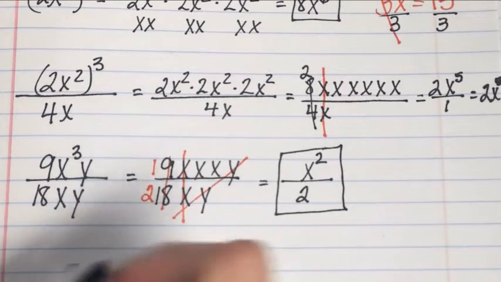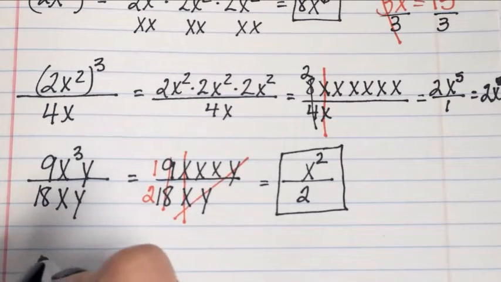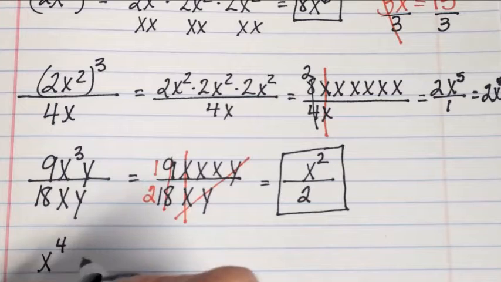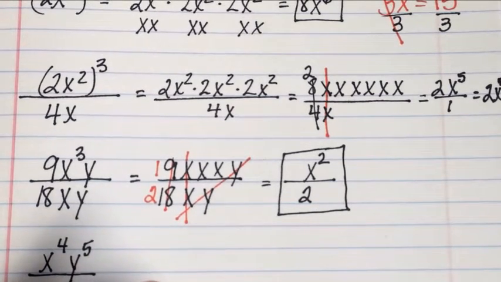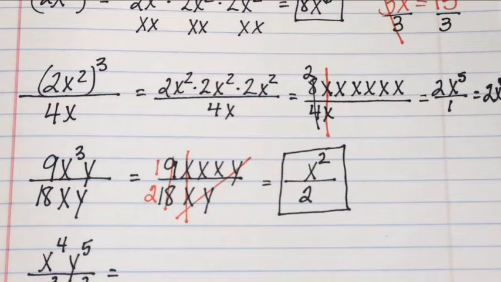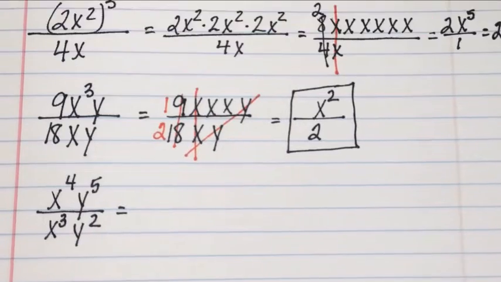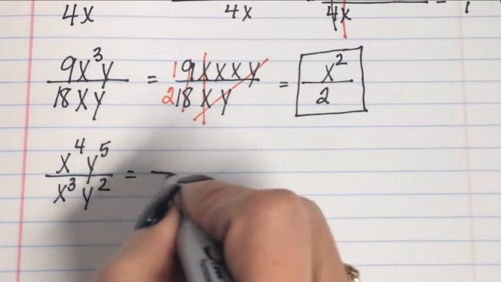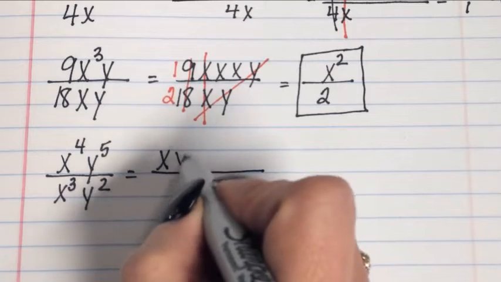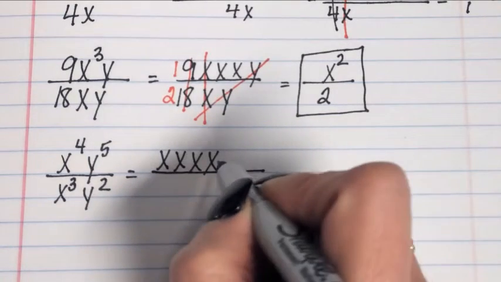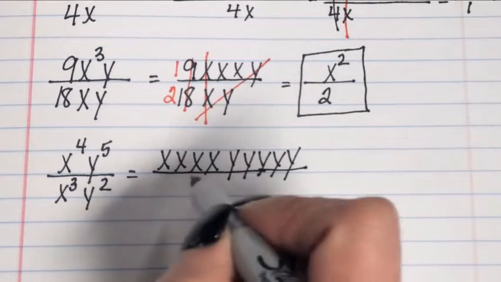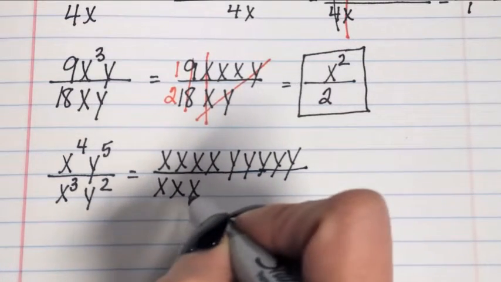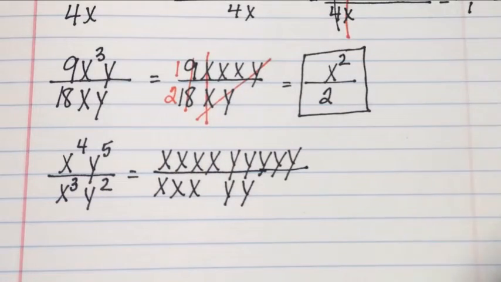And let me look at number 3. Okay, so number 3 says, you can still write this in your journal, x to the 4th y to the 5th over x to the 3rd y to the 2nd. All right, let's take a second and expand that out. 1, 2, 3, 4 x's, 1, 2, 3, 4, 5 y's, over 1, 2, 3 x's, 1, 2 y's.